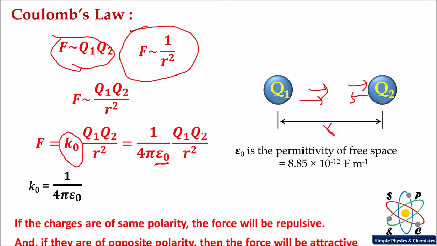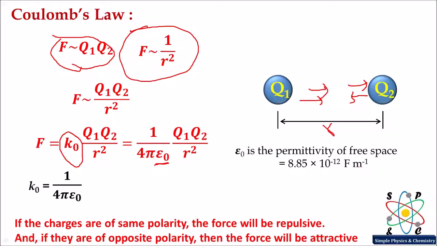So basically, depending on the polarity, as I said earlier, the force will be either positive, or you can say repulsive, or negative, or you can say attractive. So this is the force acting between two charges when they are separated by a distance.